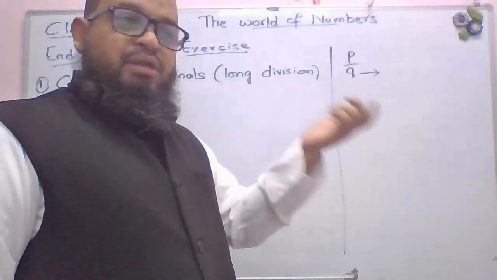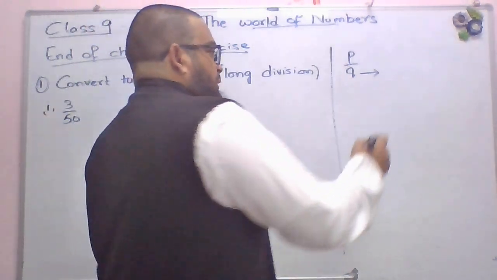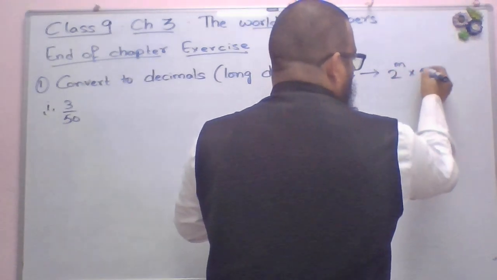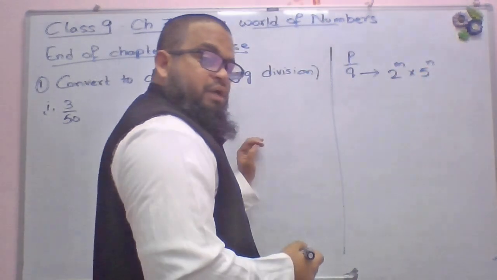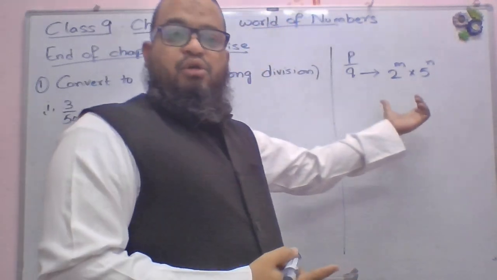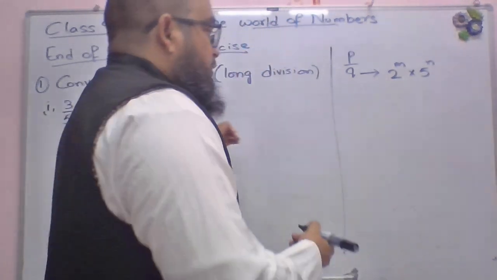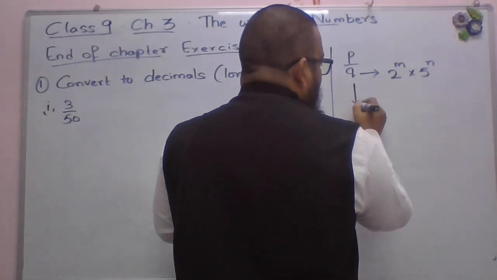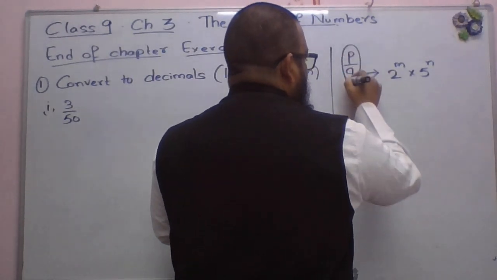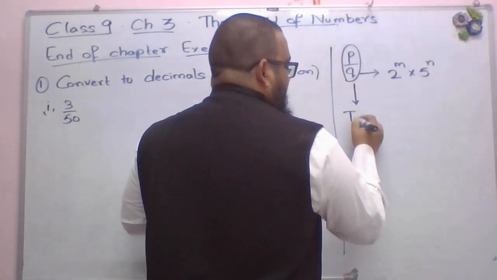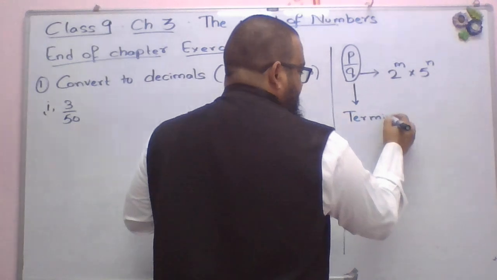Whatever product you get should be in the form of 2 to the power of m into 5 to the power of n, only a product of 2 and 5. Then the whole fraction can be written in the form of terminating decimals.